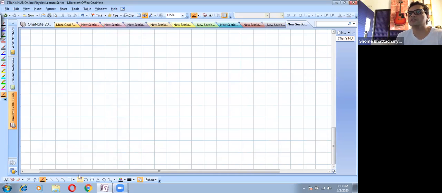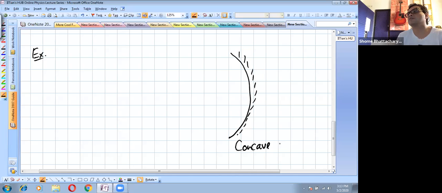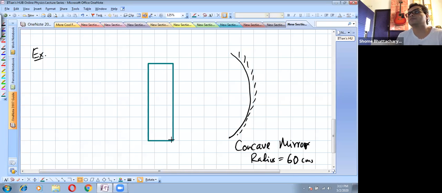Okay, so we'll see this situation. So let's look at this example. What we have this side is a concave mirror. Now this concave mirror has a radius of curvature of, let us say, 60 centimeters. Now we are also having a glass slab in front of it, like this.